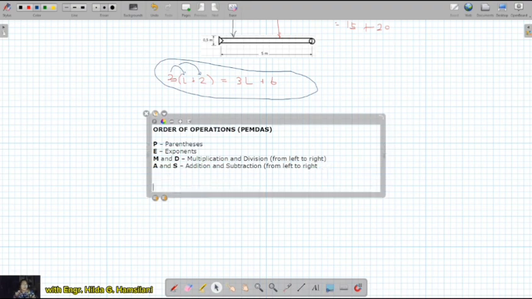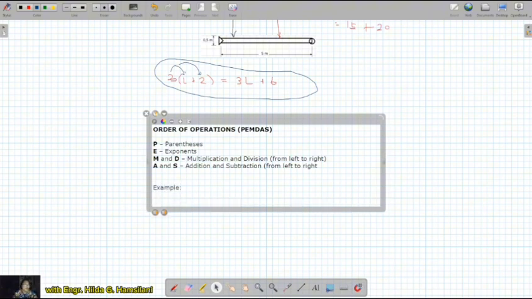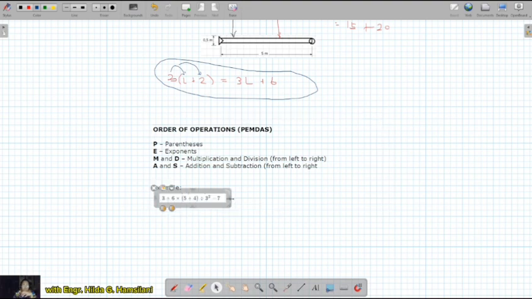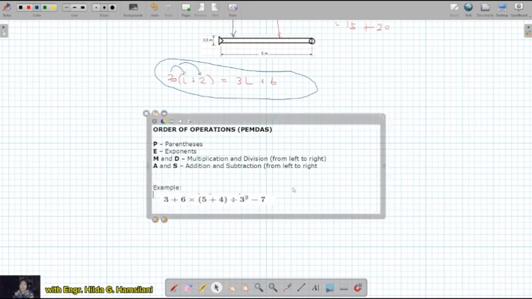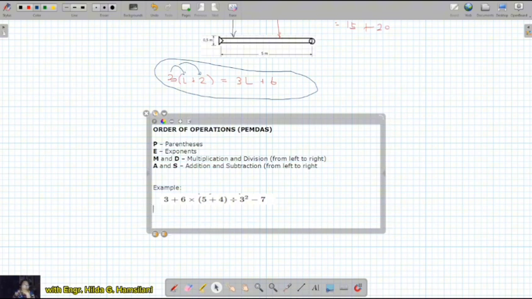Okay, now let's have an example. Let us simplify this equation. How to simplify this? Now, step 1, we have to work inside the parenthesis. That should be the step 1.